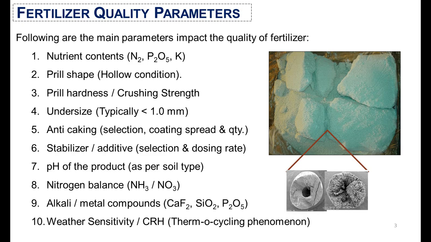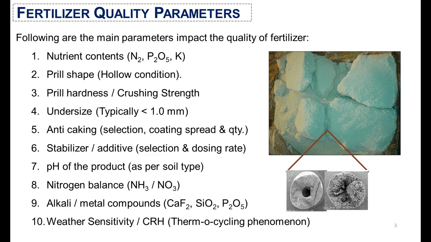Fifth is the anti-caking, and it solely depends upon the selection, its spray, and its quantity. Sixth is the stabilizer or additive, and similarly it also depends upon its selection and its dosing rate. Seventh is the pH of the final product, and it depends upon the soil type.